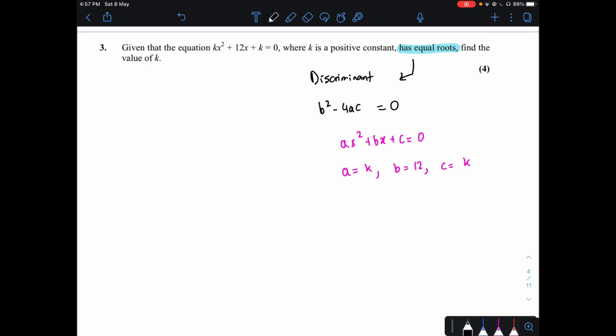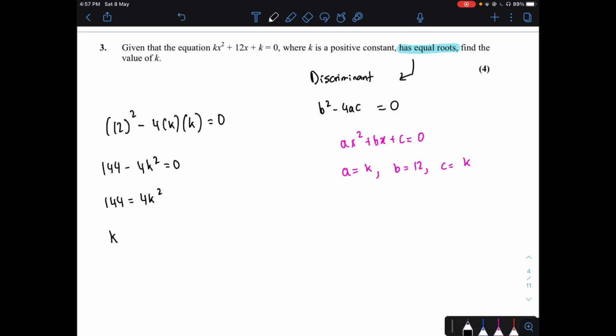So b squared is 12 squared, minus 4 times a, which is k, times c, which is also k, and this equals 0. So you're left with 12 squared, which is 144, minus 4k squared equals 0. Then we go to the other side, becomes 144 equals 4k squared.